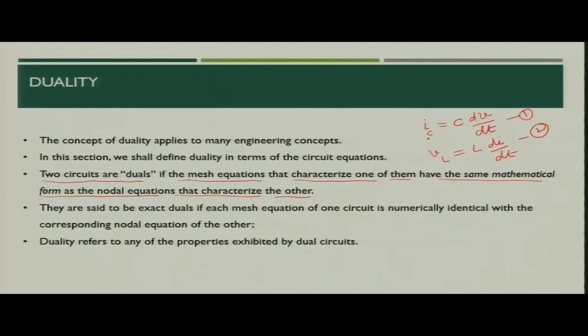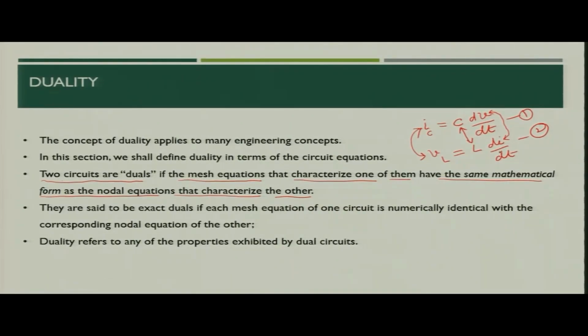So, what happens in that case? You can say that current through the capacitor would be the dual of voltage across the inductor, capacitance would be the dual of inductance, and similarly voltage across the capacitor would be the dual of current flowing through the inductance.